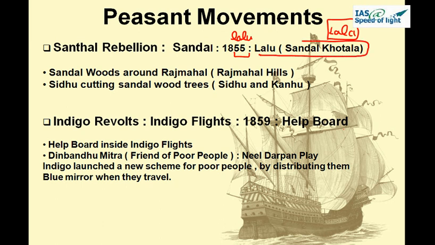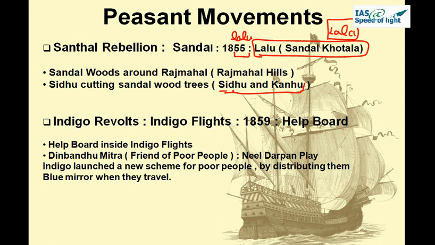So Lalu Prasad Yadav doing Sandal Ghotala, okay, Chara Ghotala, now Sandal Ghotala. It happened around the Rajmahal Hills in the east of Bengal, sandalwoods around Rajmahal, and Sidhu cutting sandalwoods. These are the two major leaders of this Santhal rebellion, Sidhu and Kanhu.